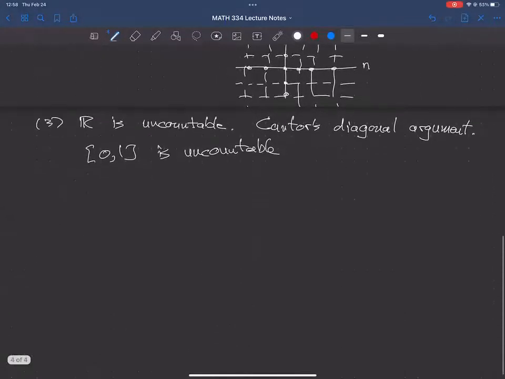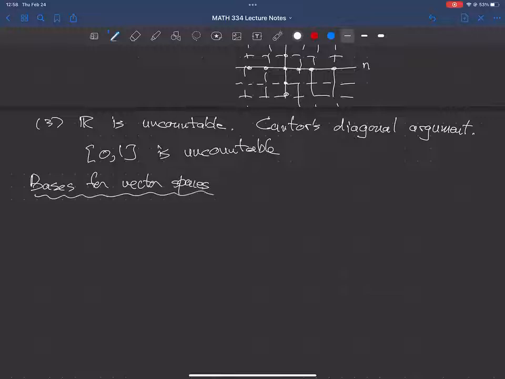So let's see how that works. Okay, so let V be an F vector space. I'm going to be talking about real or complex vector spaces here. None of this discussion really varies that much if you're talking about vector spaces over an arbitrary field, but let's be concrete.